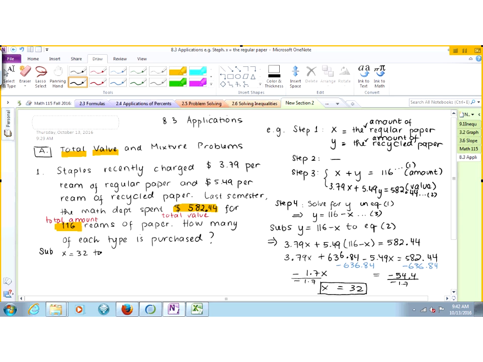So substitute X equals 32 into equation 3. So when we substitute, Y is 116 minus 32. So what is 116 minus 32? Yeah, so 84. All right, so this is step 4.